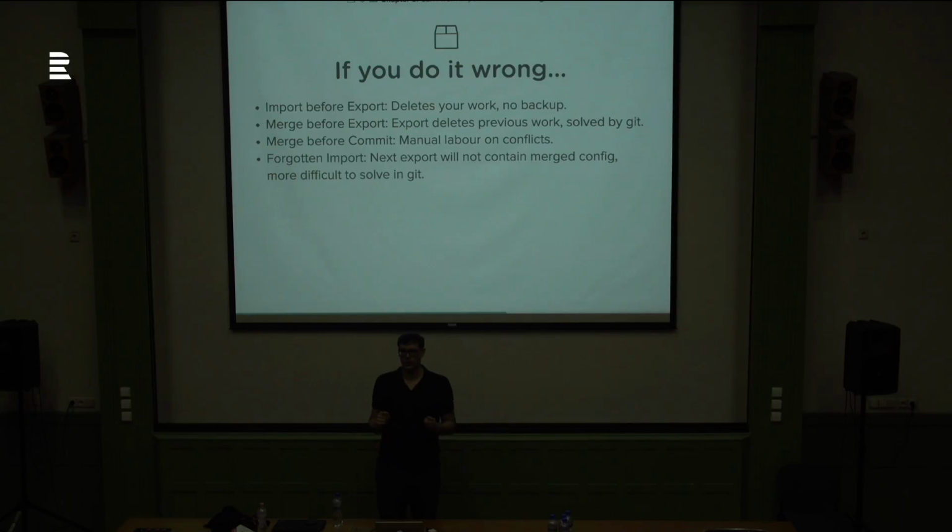Luckily, this can be solved with Git. You can undo this, and you can try to find out using the Git history, and you can merge it correctly. But if you just follow the right order, everything will be fine, and you will not have to deal with it.